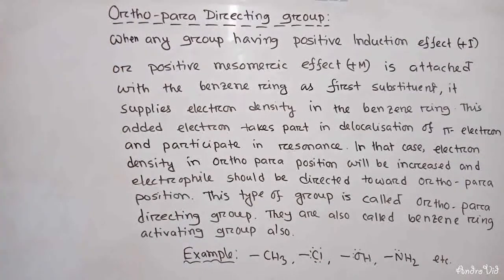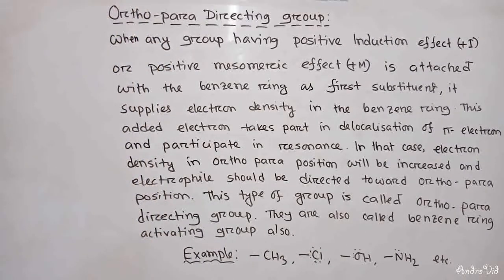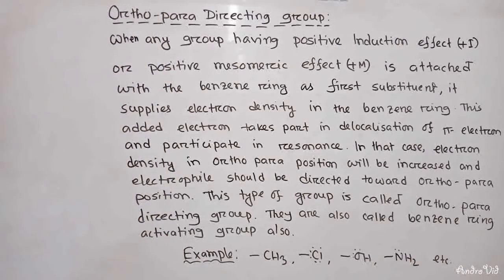Especially the electron density in the benzene ring will be increased at the ortho and para positions. As electron density at the ortho para position will be increased, when an electrophile attacks this benzene ring having this type of group, then this electrophile will be directed to the ortho and para positions.